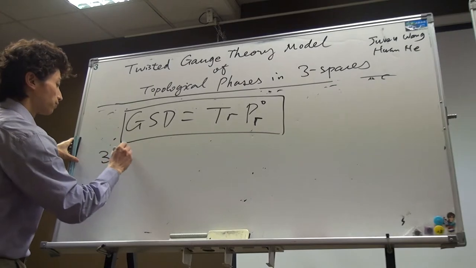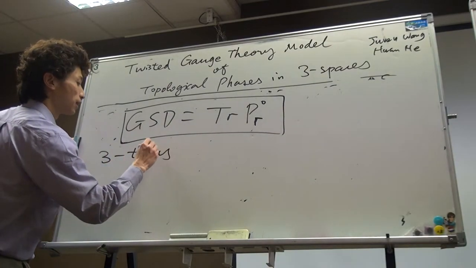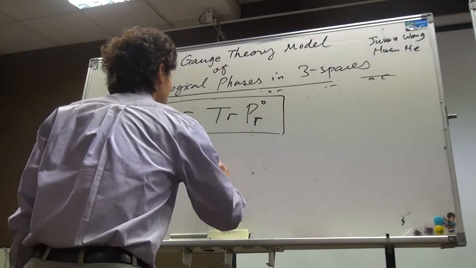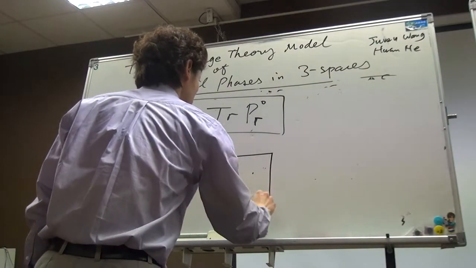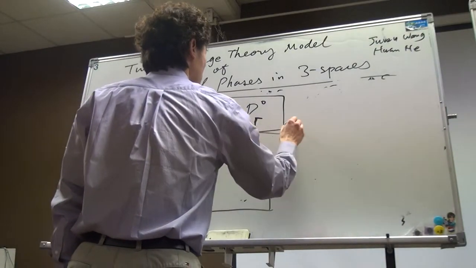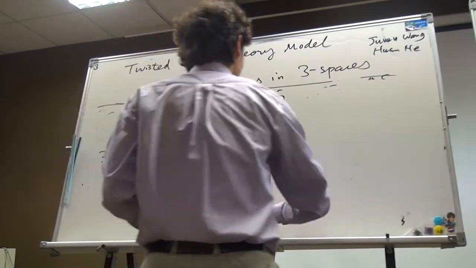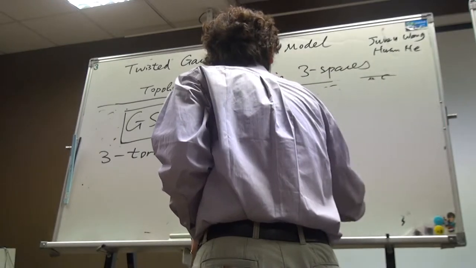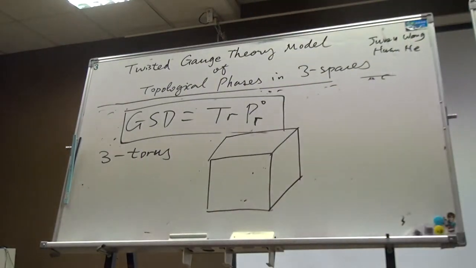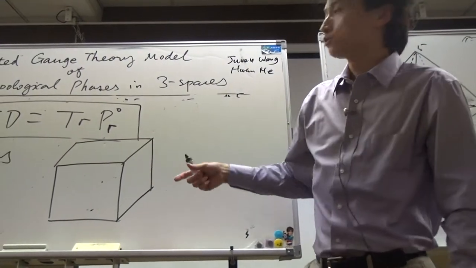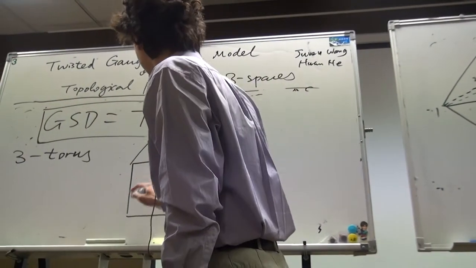So let's consider the 3 torus as an extension of the 2 torus. And then we can consider a triangulation of a 3 torus. Because of this topological invariance, you can consider the simplest possible triangulation of a 3 torus.